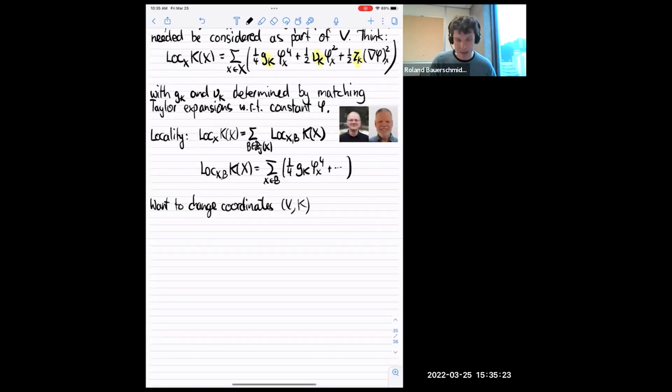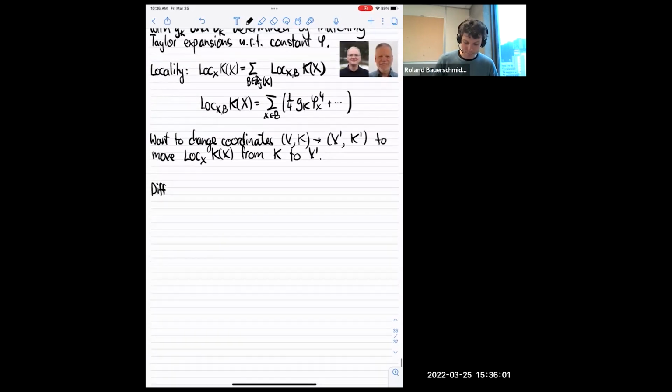We have coordinates V and K, and we want to use the freedom that we can change V to something else, and that will also change K to something else, to move log x K of X from K to V, so that effectively K prime is roughly speaking given by 1 minus log of K. So we want to remove it from K and put this part into the V coordinate.